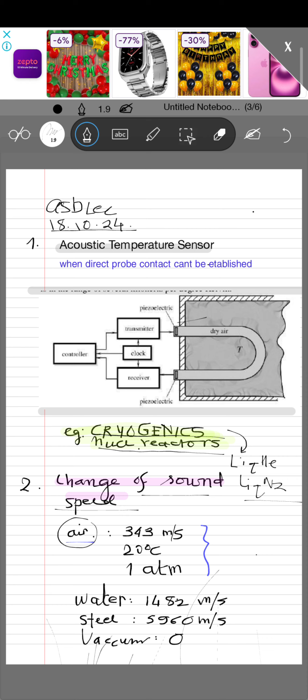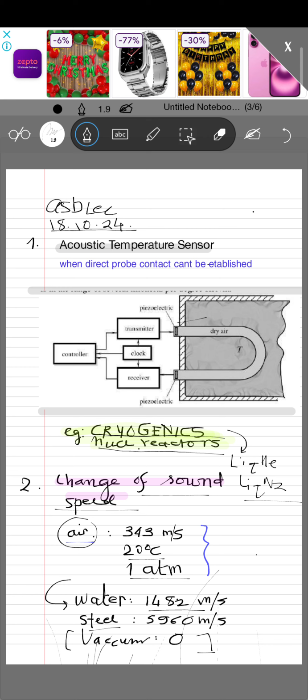In air, the speed of sound at 20 degrees centigrade and 1 atm pressure is 343 meters per second, whereas in the same condition it changes to a much higher 1482 in water, and in steel it goes even further, 5960 meters per second. In vacuum, sound cannot travel because it always needs a medium to travel.